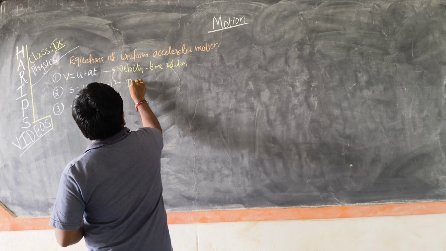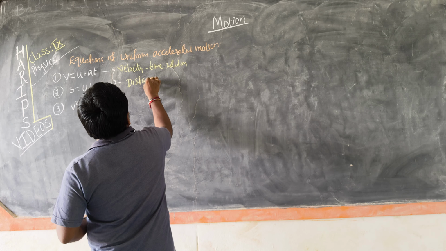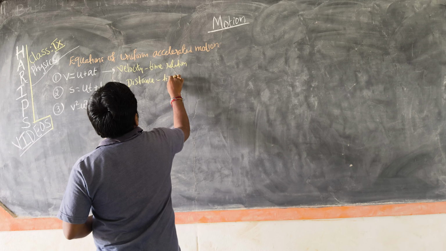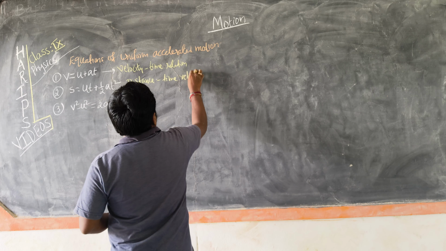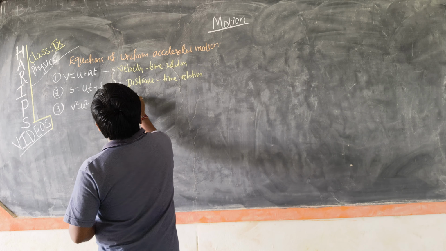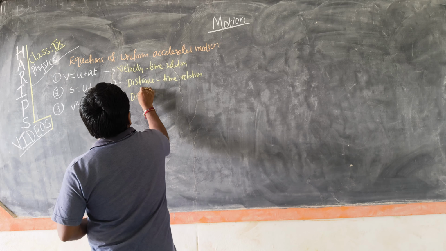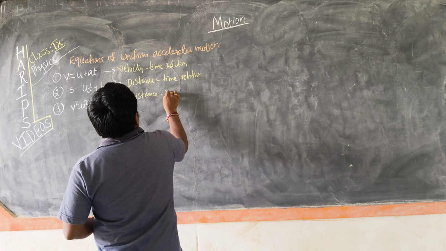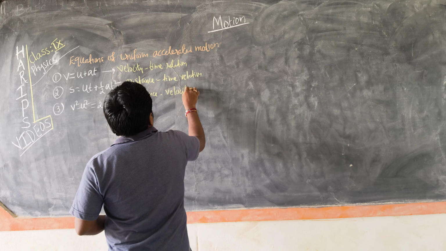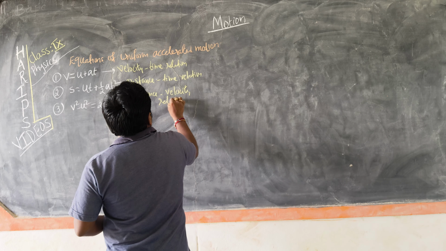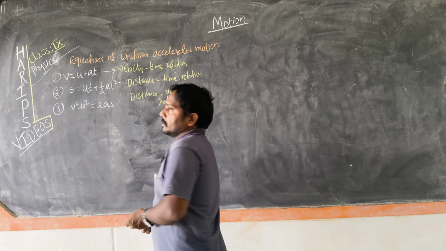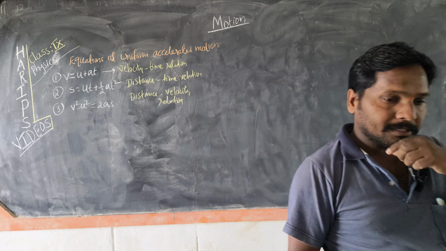The second one is the distance-time relation. And the third one is the distance-velocity relation.